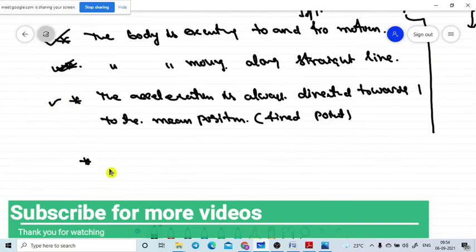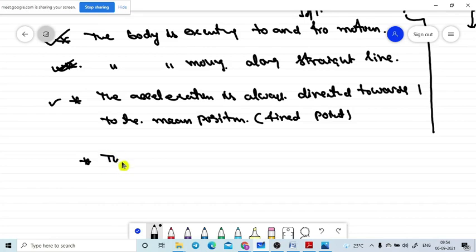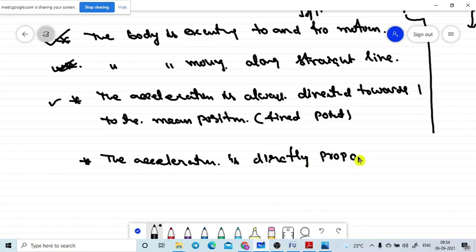The acceleration is directly proportional to the displacement of the body from where it is displacing?